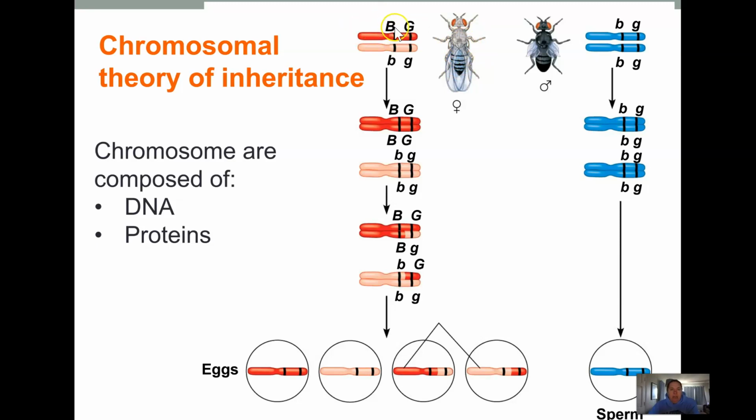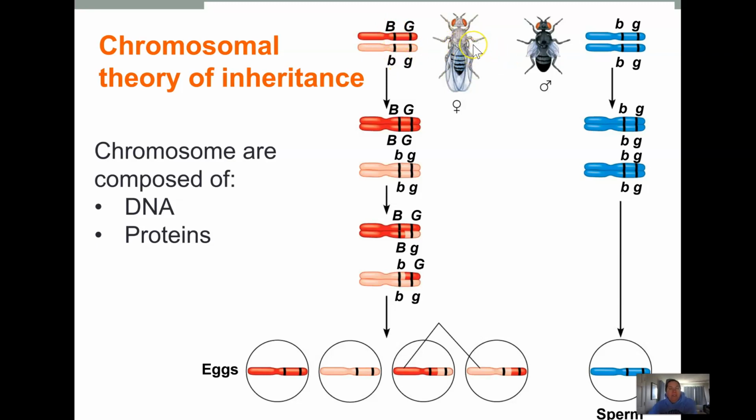Her genotype is capital B, lowercase b. And so remember, when you have two different alleles, that would be called heterozygous. So this female is heterozygous for, I don't call it skin color, but body color, I guess, because insects don't have skin. But I guess we'll call it body color, right?